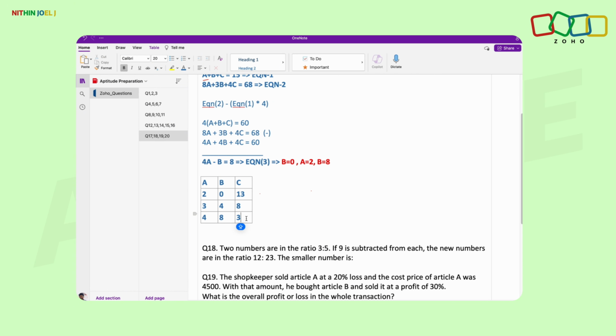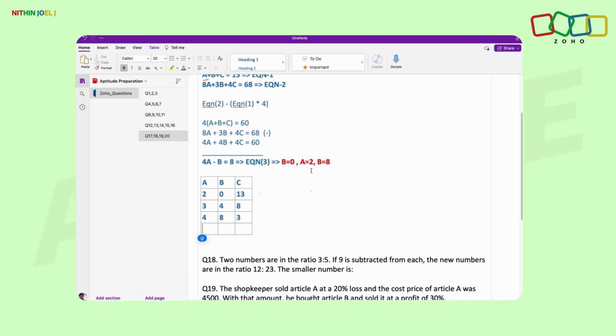So now let's take the next multiple of 4, which is 12. If B is equal to 12, then 4A is equal to 8 plus 12, which is 20, and A is equal to 20 by 4, which is 5. So we have A is equal to 5, B is equal to 12.